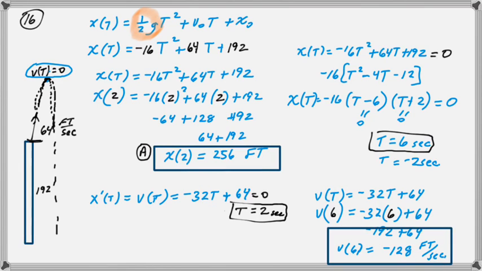It should make sense that the velocity is negative because the object is falling downward. If it was going upward, it would have had a positive velocity. But this is going downward, so it should have a negative velocity. I hope this helps your understanding of this quiz.